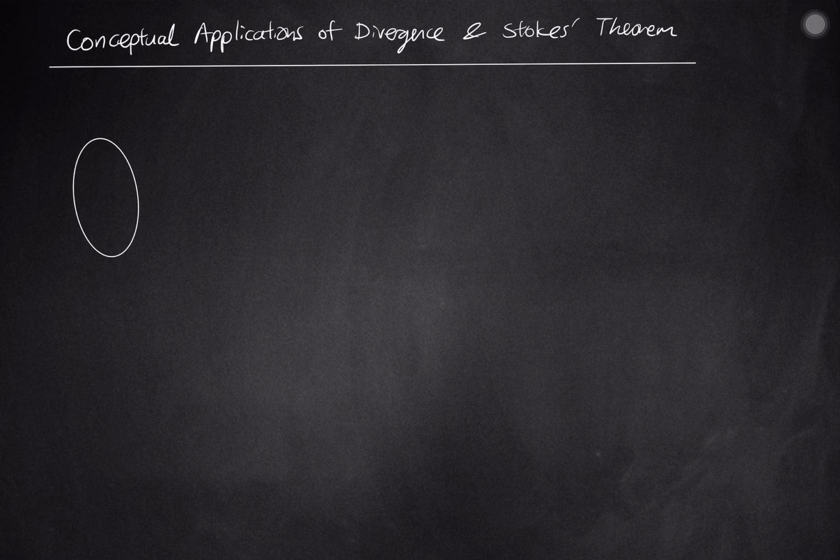We talked about a couple of practical applications of the divergence theorem and Stokes' theorem, basically to remind you what that is. The divergence theorem relates a closed surface flux integral to a triple integral over the volume of the divergence of that vector field.